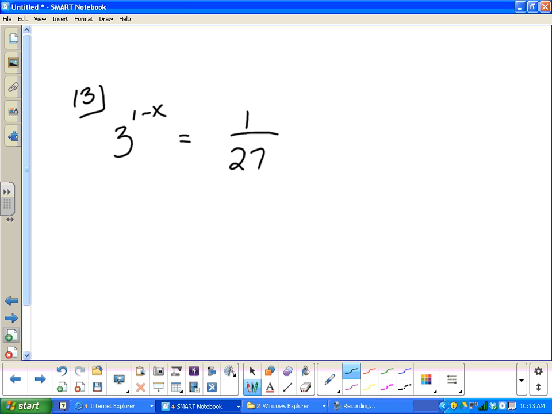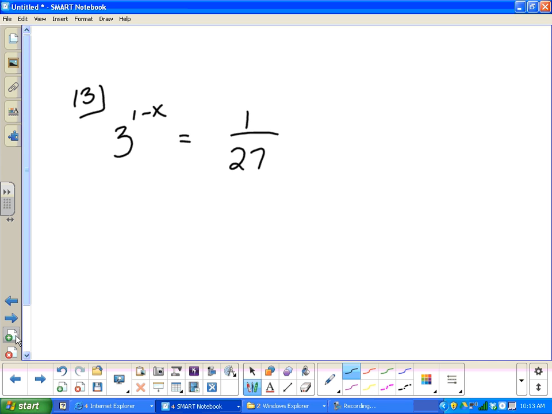So the base here we could do would be 3. So we can write 27 as 3 to the 3rd, right? But the thing is, that's not 27, it's 1 over 27. So 3 to the negative 3rd. What the 1/3 would be like a cube root.